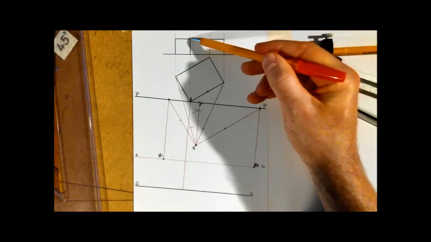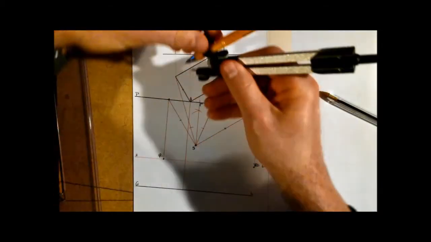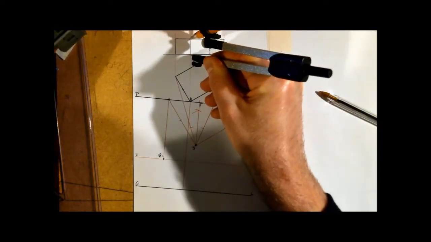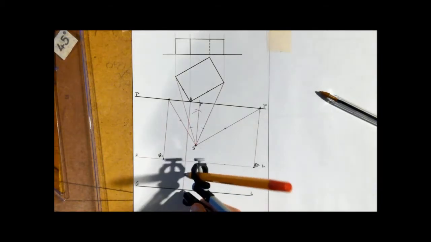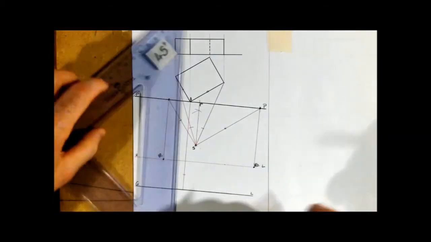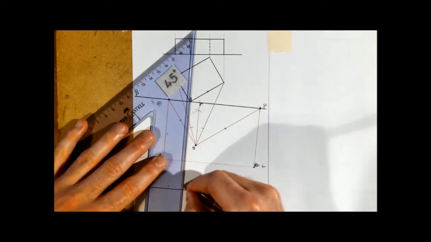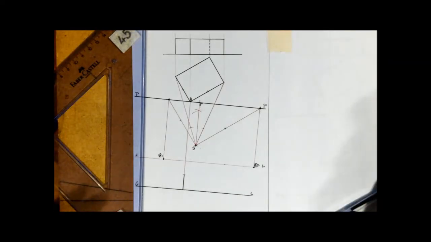So right there, I'm going to take that height, which is 15 millimeters, on my compass, and mark it up. At that point there, I've now got that edge. I can heavy it in. Okay, that is the starting of my box.